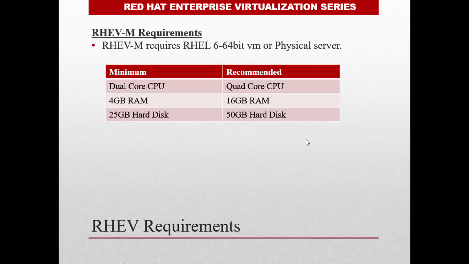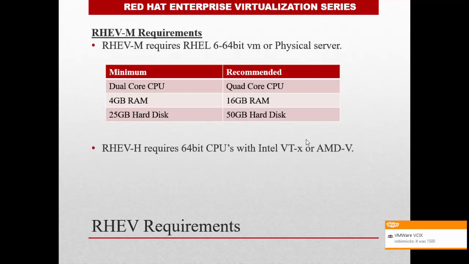So you need at least a dual core CPU. The recommended is 4 vCPUs. You need 4 GB of available RAM, but the recommended is 16 GB RAM. At least you need 25 GB worth of hard disk space, where the recommended is 50 GB hard disk space.